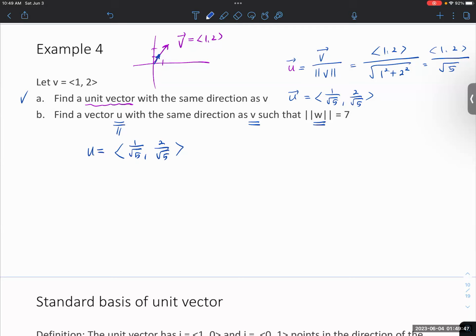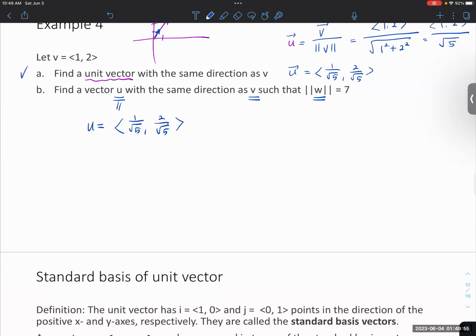But this time, the magnitude of W is equal to 7. So what does it mean? Let me write it first.